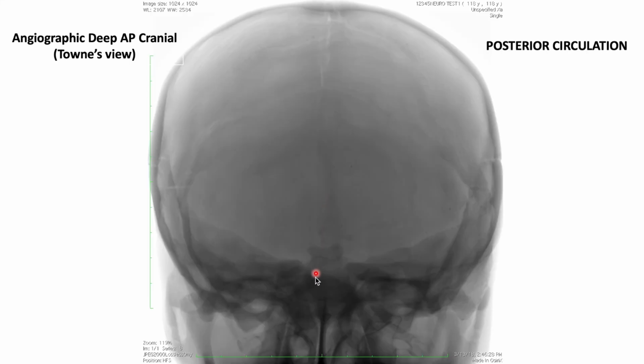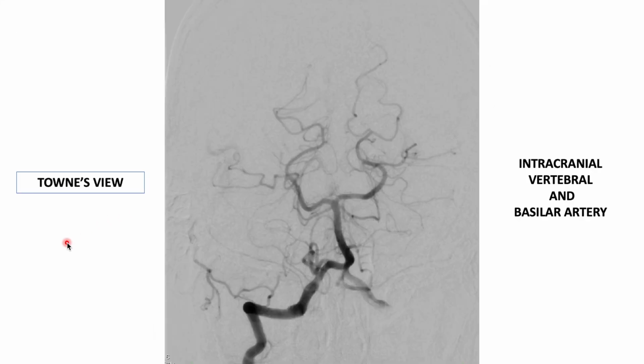For the posterior circulation, again you've got to go deep epicranial, and you call this Towne's view, and you keep going epicranial till the time you have this bat wing appearance visible to you. You can see this is like a bat wing appearance. So once you see this appearance, this is a perfect view for the posterior circulation, and it will appear like this.